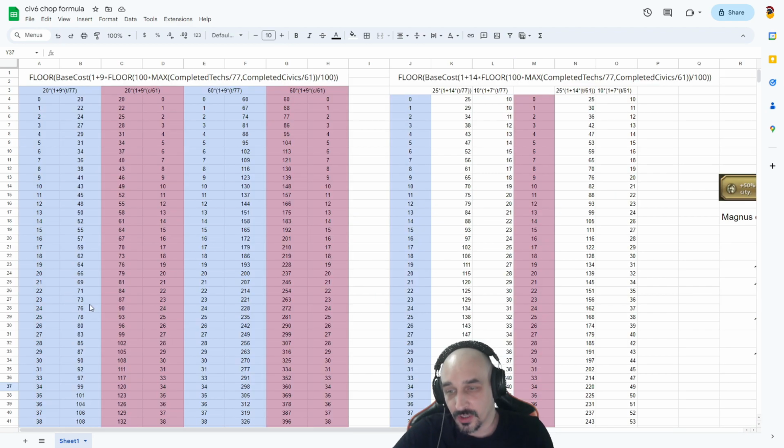Now let's see, a horse on normal speed costs 80, right? So you have 78 production from the chop, affected by the policy card plus 50%. It's 100 and 17, right? It's 117.